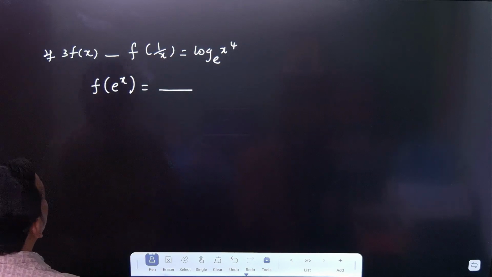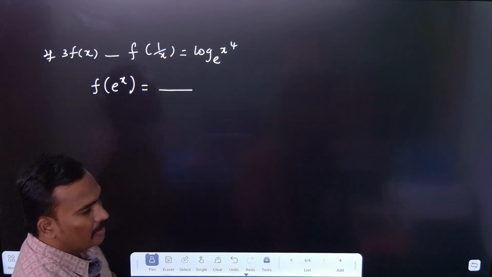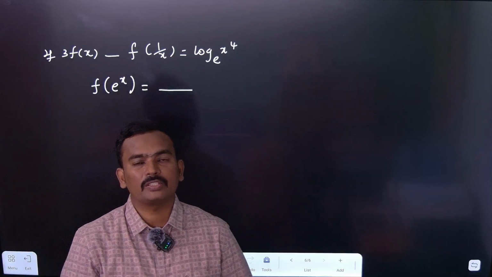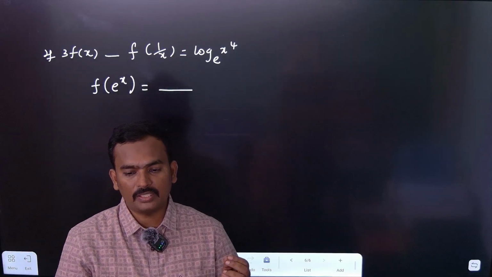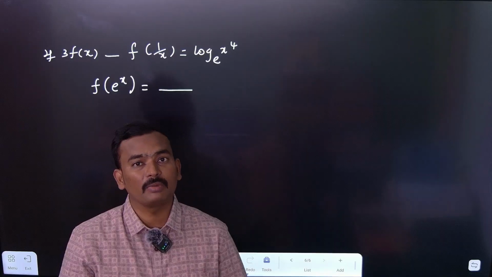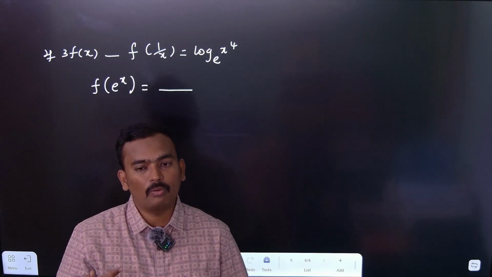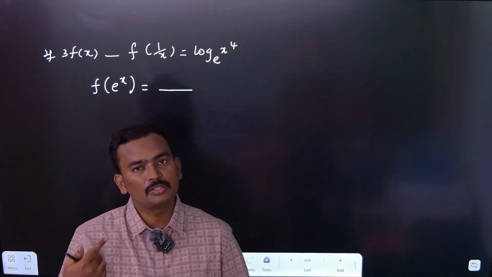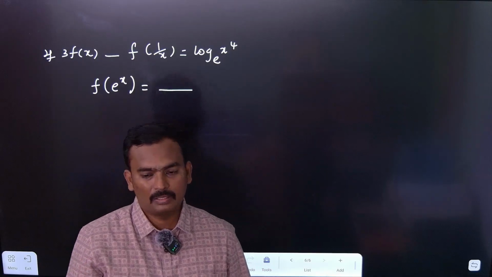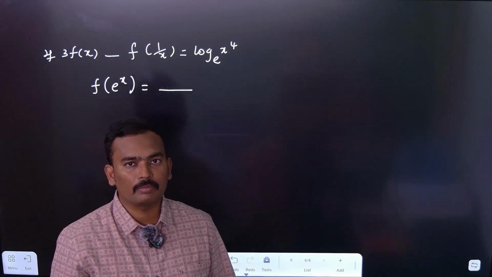So how to do this kind of question? How are we solving linear equations? With one equation you cannot do anything, infinitely many solutions are possible. So for that we arrange one more equation, two equations and two variables, so that you can eliminate and find one of the variables.